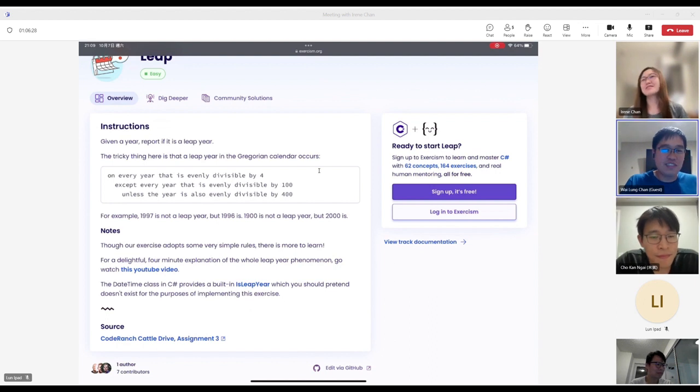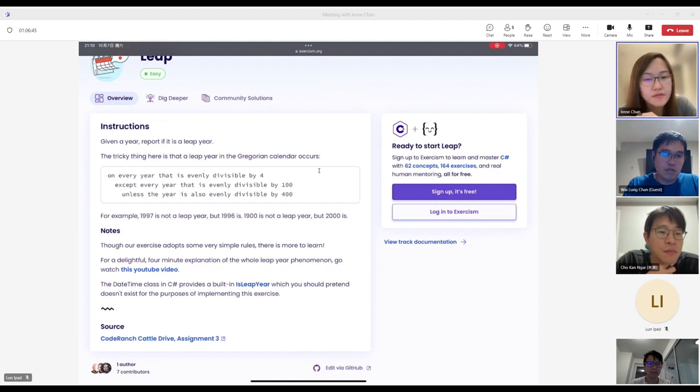Similar to the previous one, we have three conditions here. Condition 1, 2, 3. If it is divisible by 4, or it must be or.